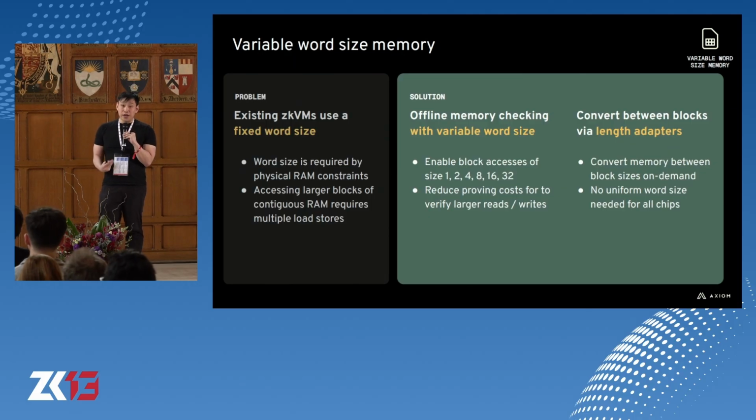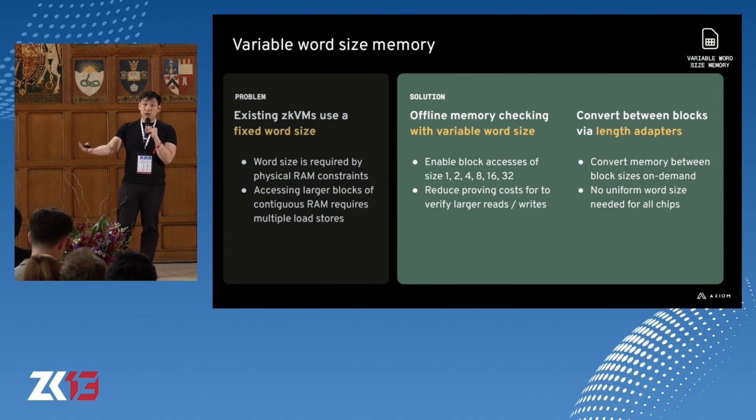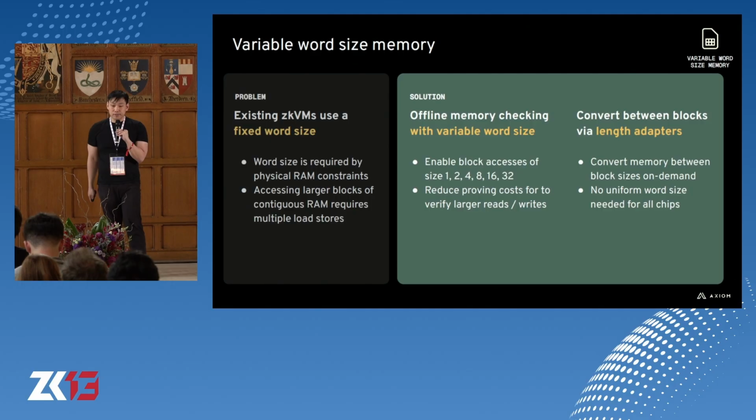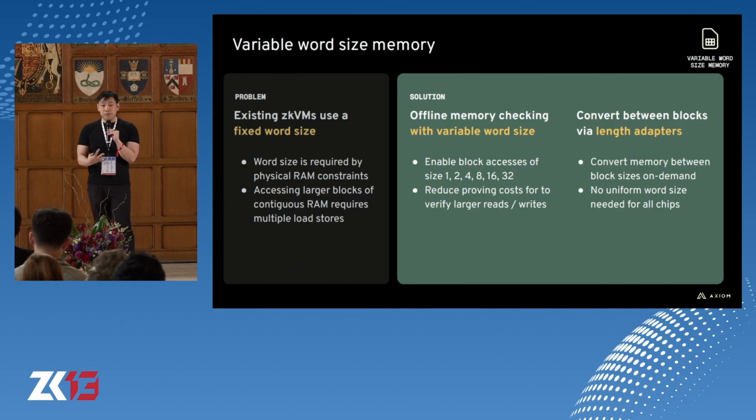Behind the hood, we convert between these blocks with length adapters if you happen to write a larger block and read a smaller component of that block later. And so the consequence is that when you're adding different chips into the system, you don't need to keep a uniform word size. You can create chips with the block sizes that make sense for your application, and behind the scenes, the framework will convert between them for you.